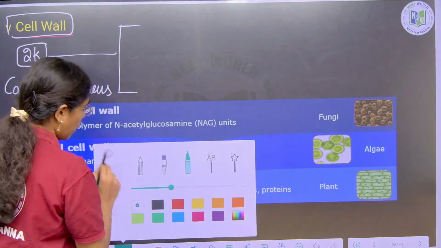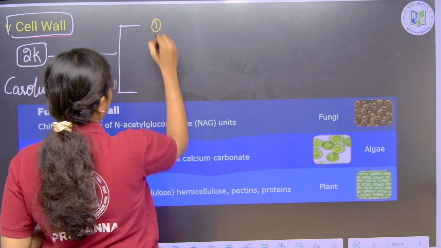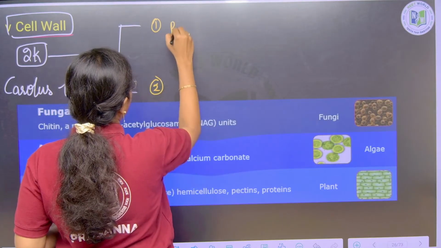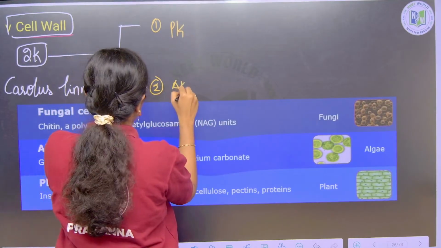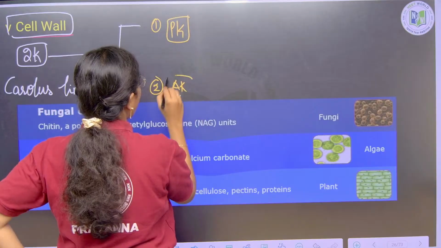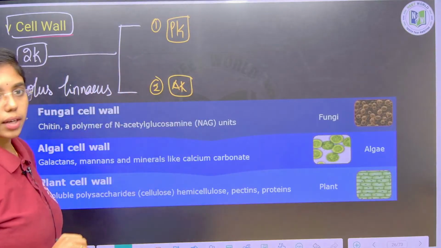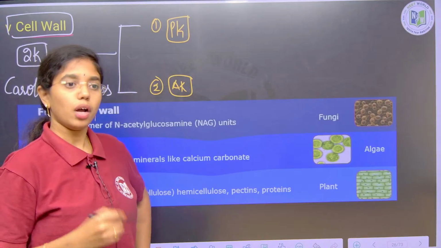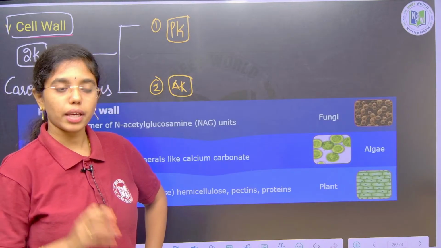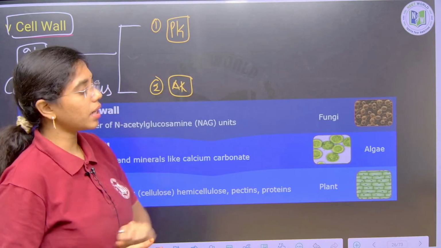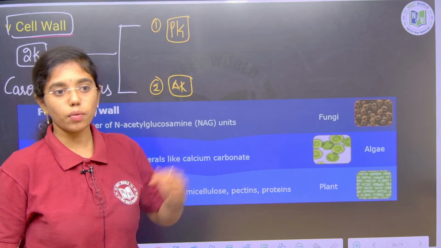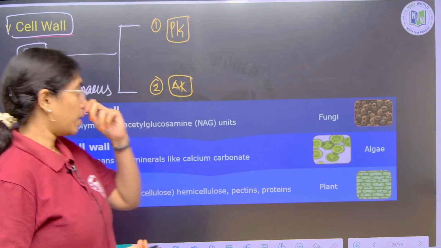What are they? Plantae and Animalia. Plant kingdom, animal kingdom, right? So, be it prokaryotic or eukaryotic, unicellular, multicellular, photosynthetic or non-photosynthetic, if they have cell wall, he has placed it in plant kingdom.